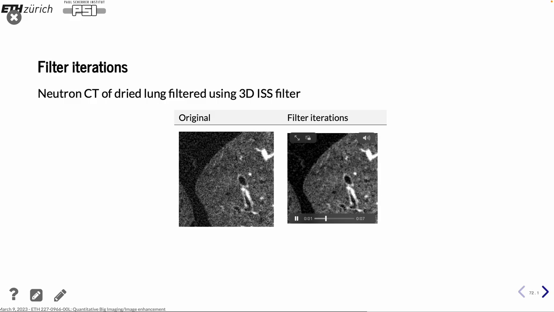And here you can see this is a piece of a lung. It's noisy, and I ran the filter iterations here for a little while, a little bit too long because I smoothed some relevant features. But in principle, the important thing with this filter is that you can see that this contour here is untouched.